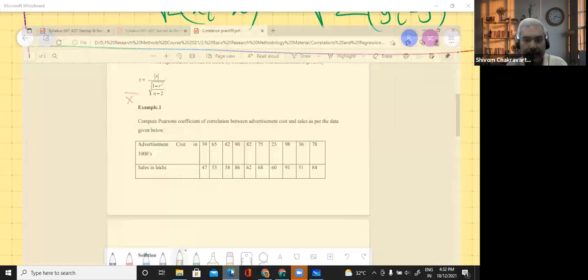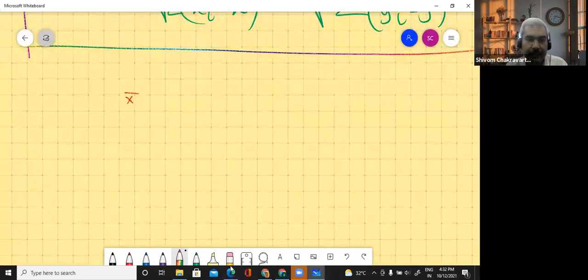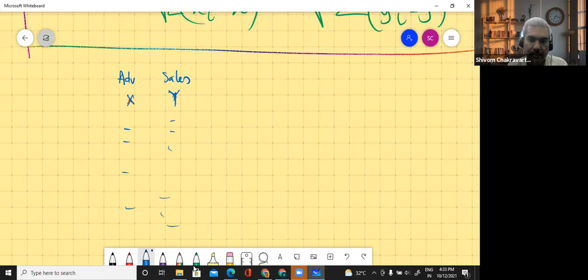Say advertisement is x, and sales is y. We write all the 10 numbers here.